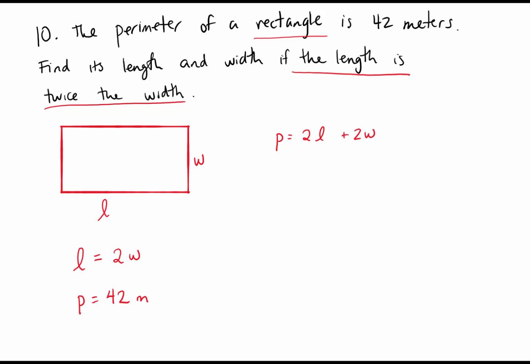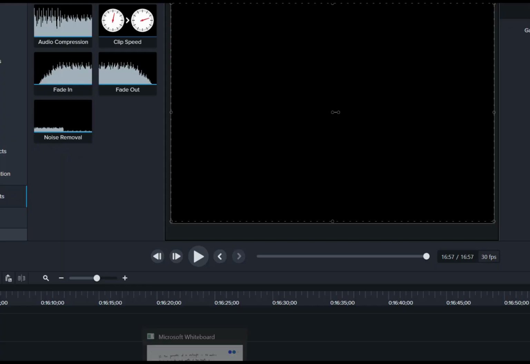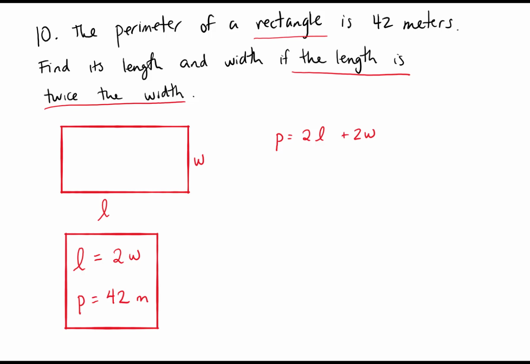Now we can't solve that because that's still too many things. But what I can do is substitute some of these values over here into that equation that I know. So I'm going to say instead of P for perimeter, I'm going to say 42. I'm going to say 2 times, instead of length, I'm going to say twice the width.